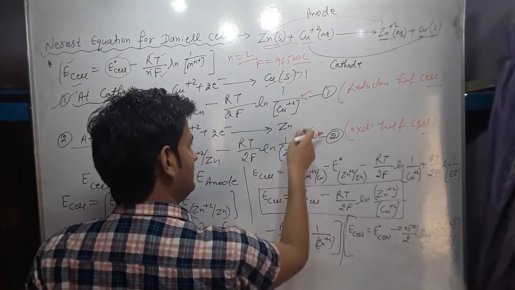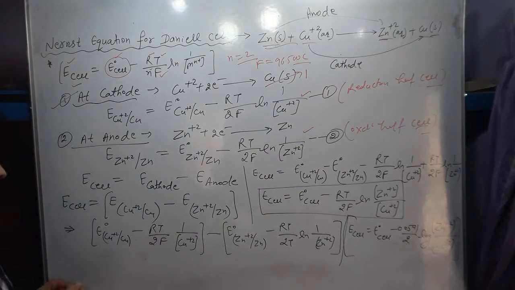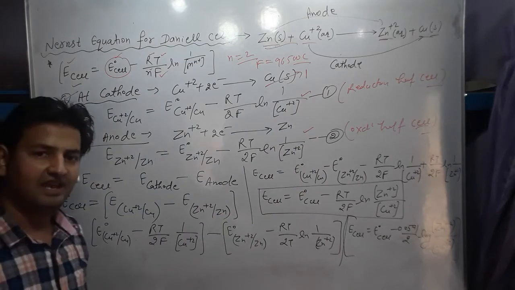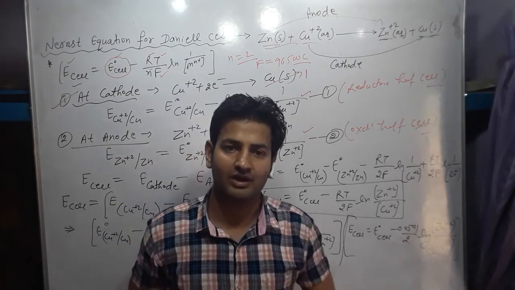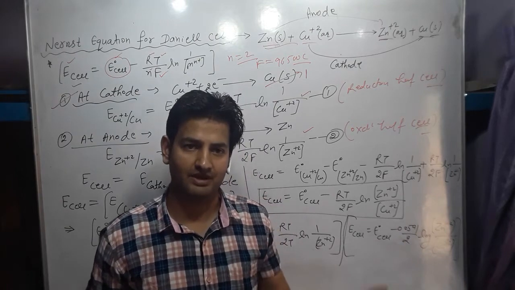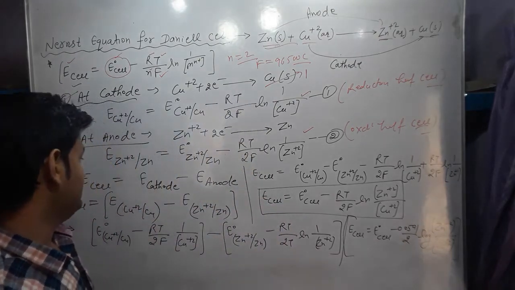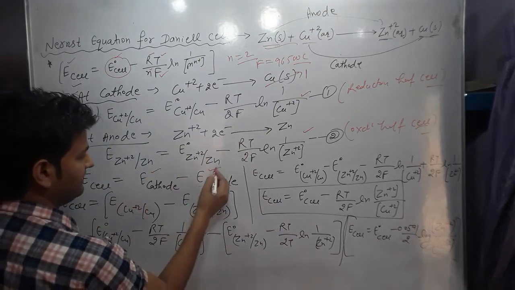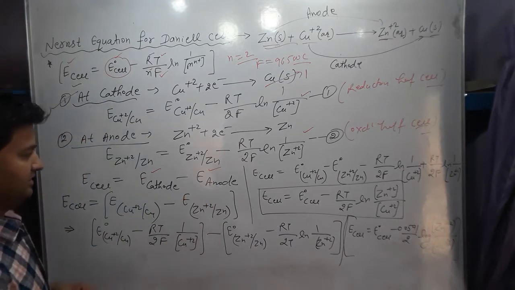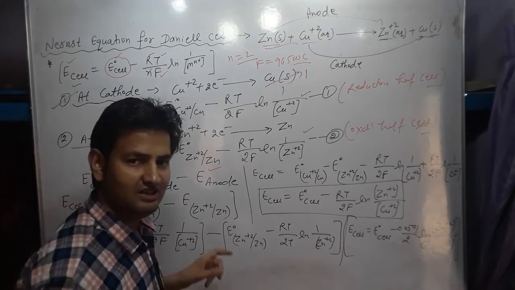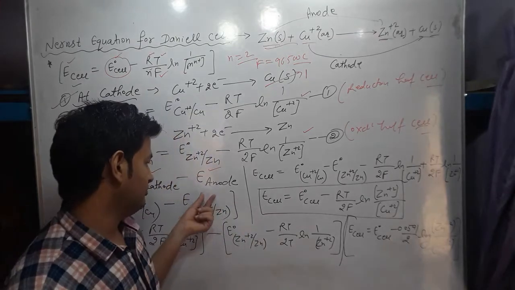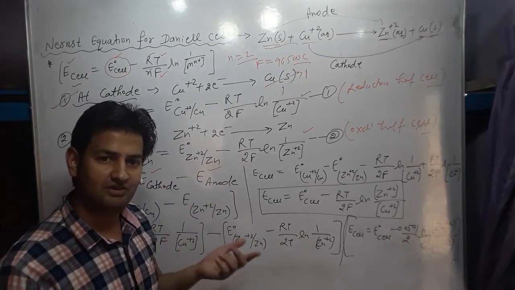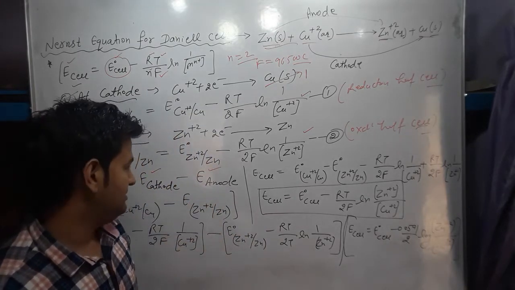Now combine these two equations, then we can calculate the EMF of the cell. The EMF of the cell we generally calculate by subtracting the standard EMF at the cathode minus the EMF at the anode. The cathode is present on the right hand side and the anode is on the left hand side when we represent an electrochemical cell.